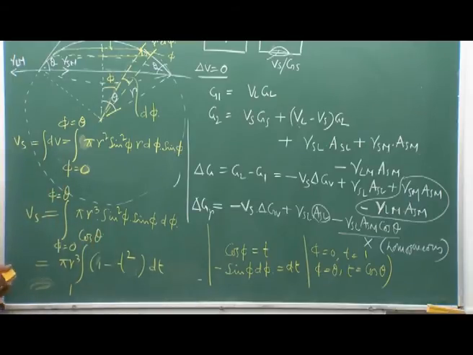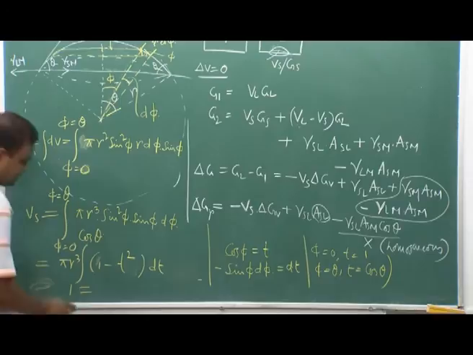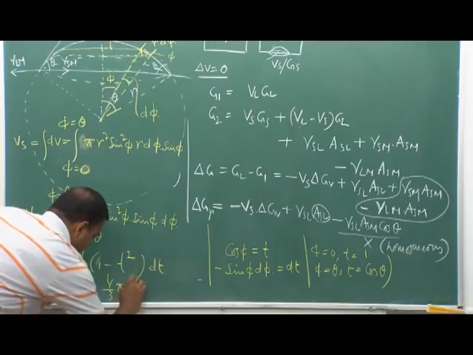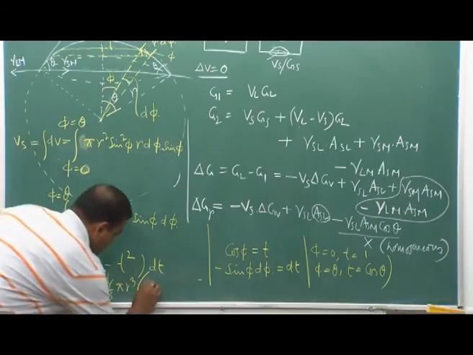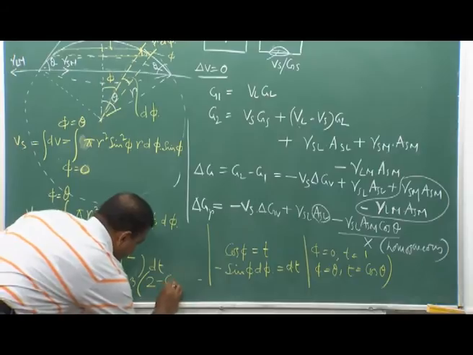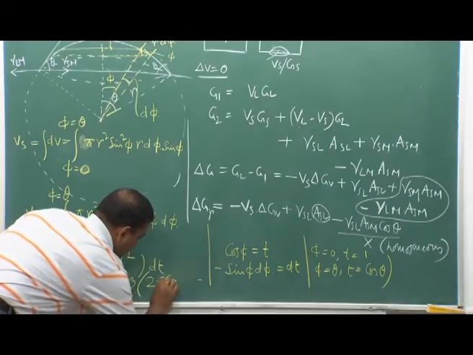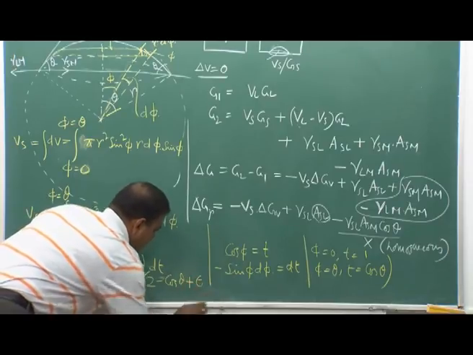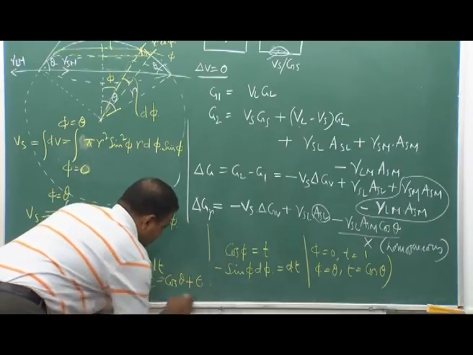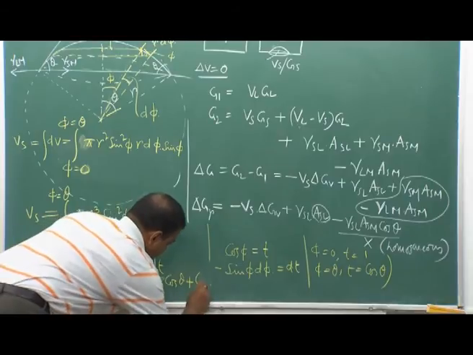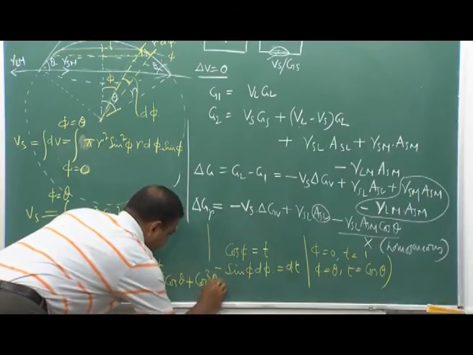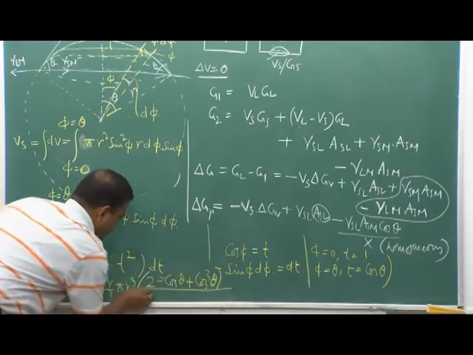So, if we solve this, we will get, after readjustment, 4 by 3 pi r cube times 2 minus 3 cos theta plus cos cube theta, divided by 4.